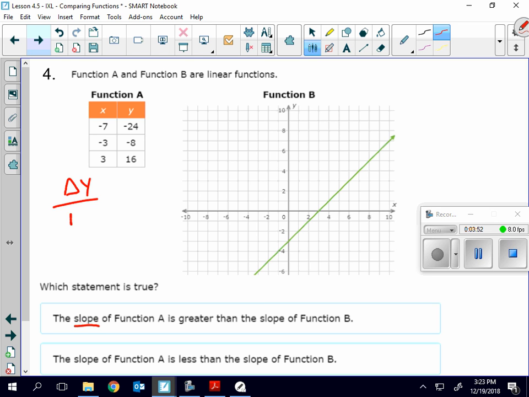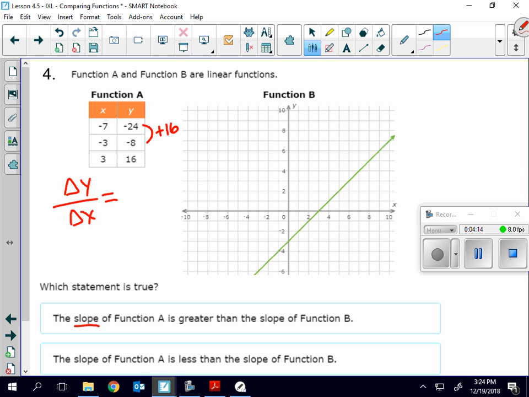Change in y over change in x. Okay, we're going to get bigger here. Every time we're going to add, let's see, to get from -24 to -8, what's the difference between -24 and -8? The difference is 16. We know it's getting bigger.